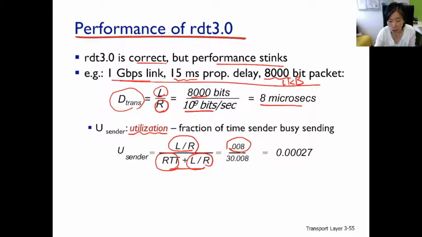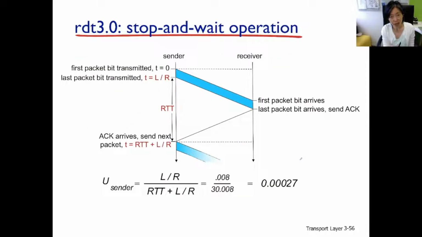So that's one round trip time plus the packet transmission time, 30.008 milliseconds. So overall utilization on this link is very, very low, 0.00027, too many zeros.